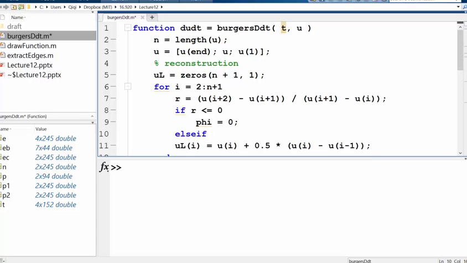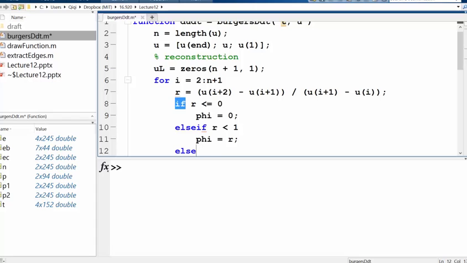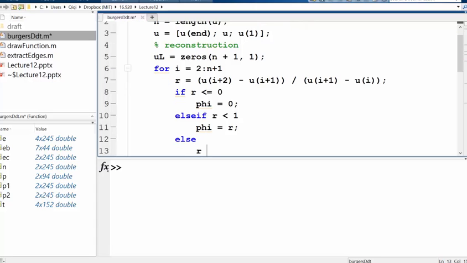Else if R is less than 1, phi is equal to R, and else phi is equal to 1. Right? Oh, phi equal to 1, yeah.